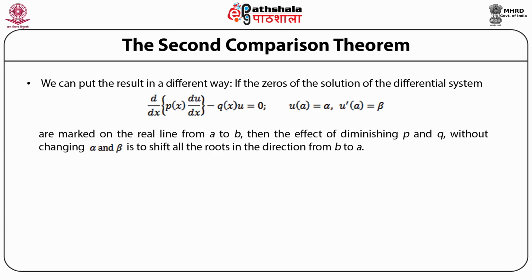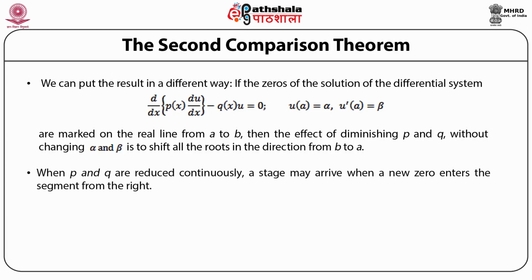If the zeros of the solution of the differential system given by d by dx of within the brackets p of x into du by dx, bracket close, minus q of x into u is equal to 0 with the initial conditions u of a is equal to alpha and u prime of a is equal to beta are marked on the real line from A to B, then the effect of diminishing P and Q without changing alpha and beta is to shift all the roots in the direction from B to A, that is, from right to left.